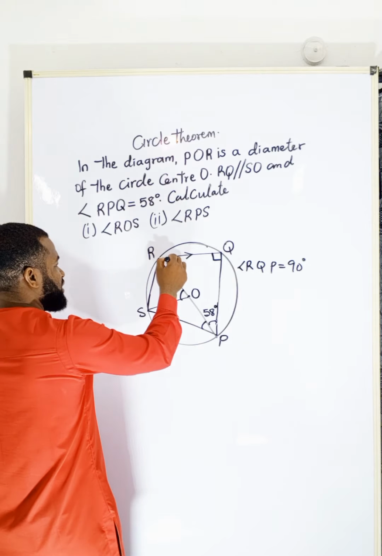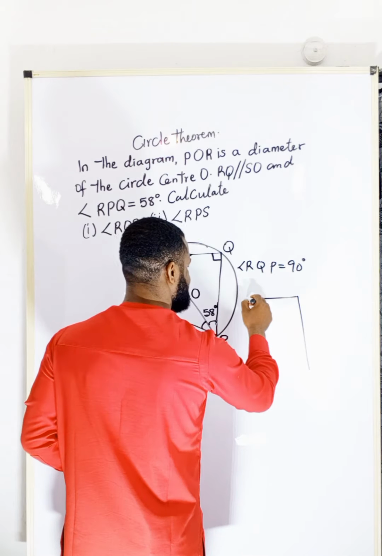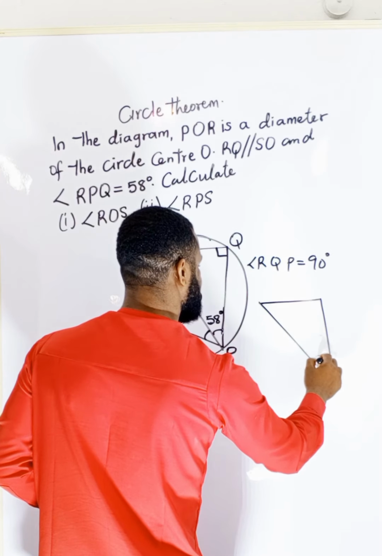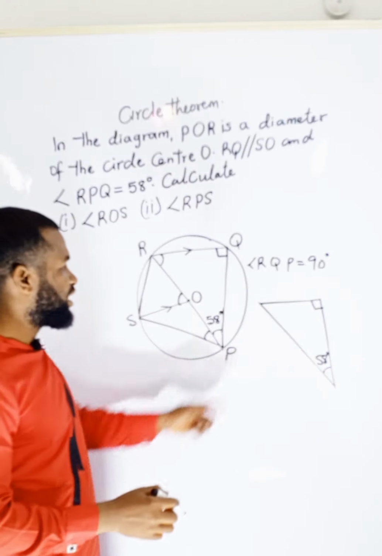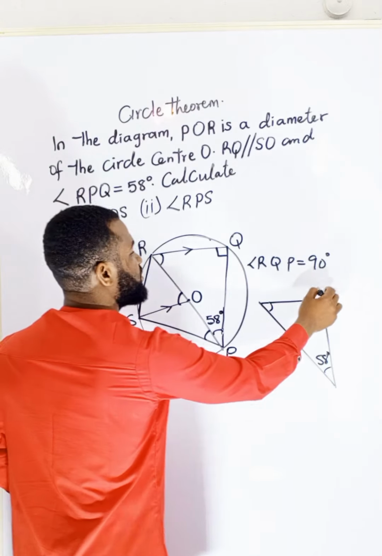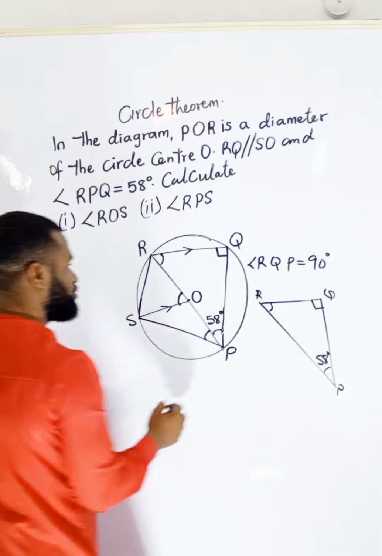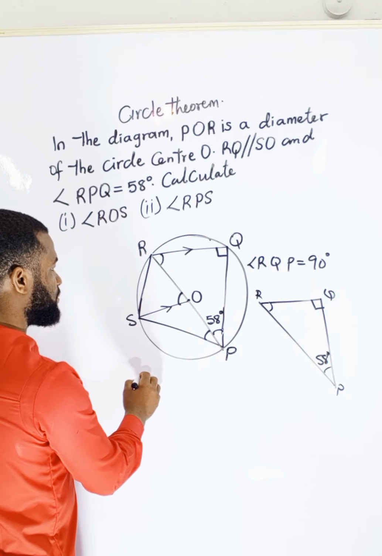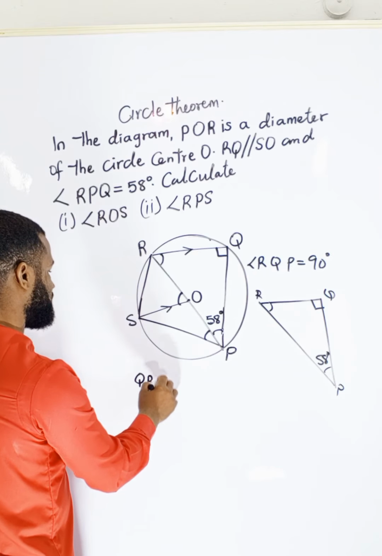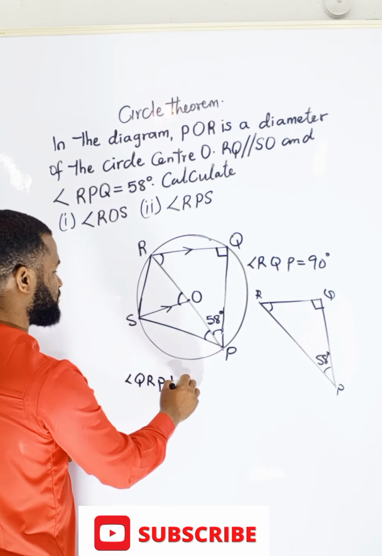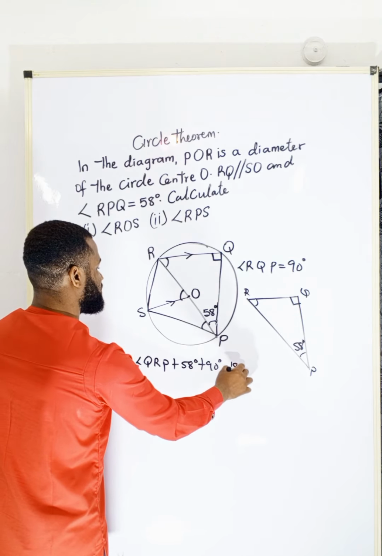Yes, I'm going to find this angle here, because if you look at this shape now, this place is 58 and this is 90. You now know that I can find this angle, which is Q, P, and R. So I'm going to say QRP plus 58 plus 90 degrees is equal to 180.